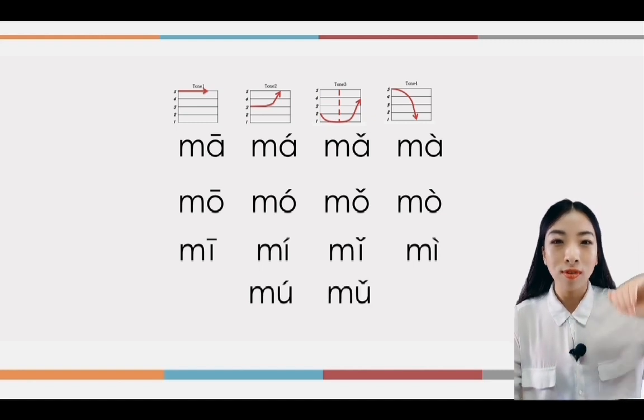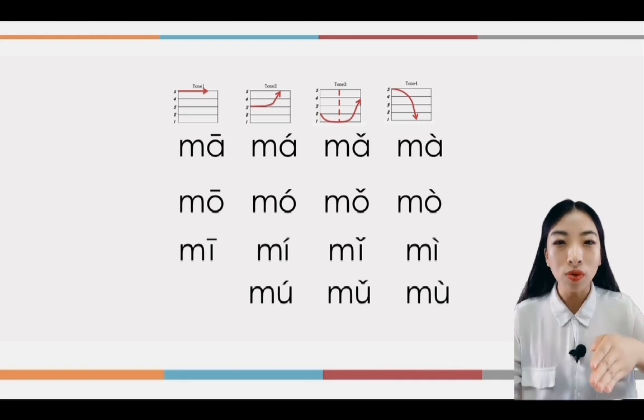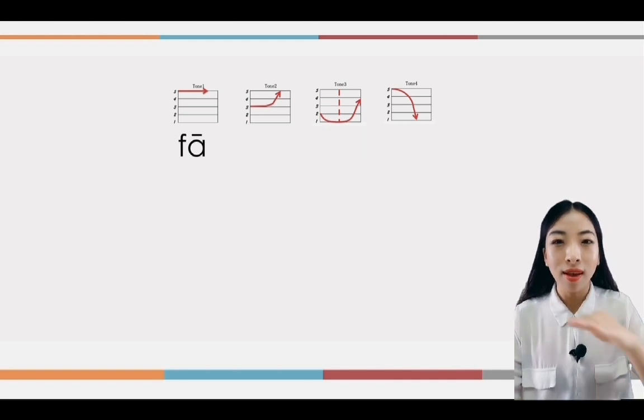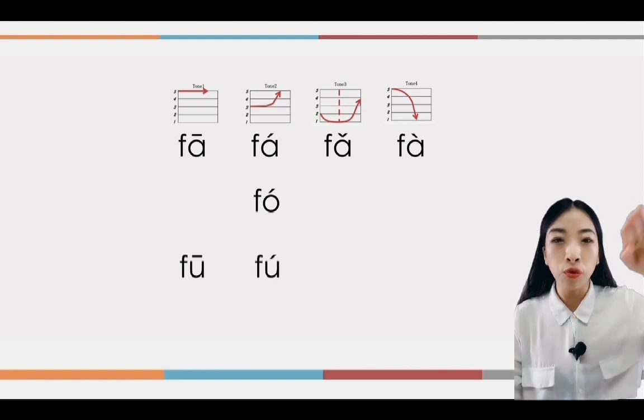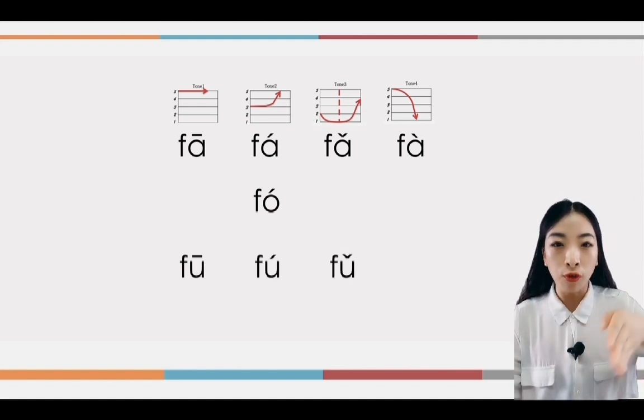Mu, mu, mu. Fa, fa, fa, fa. Fo, fu, fu, fu, fu.